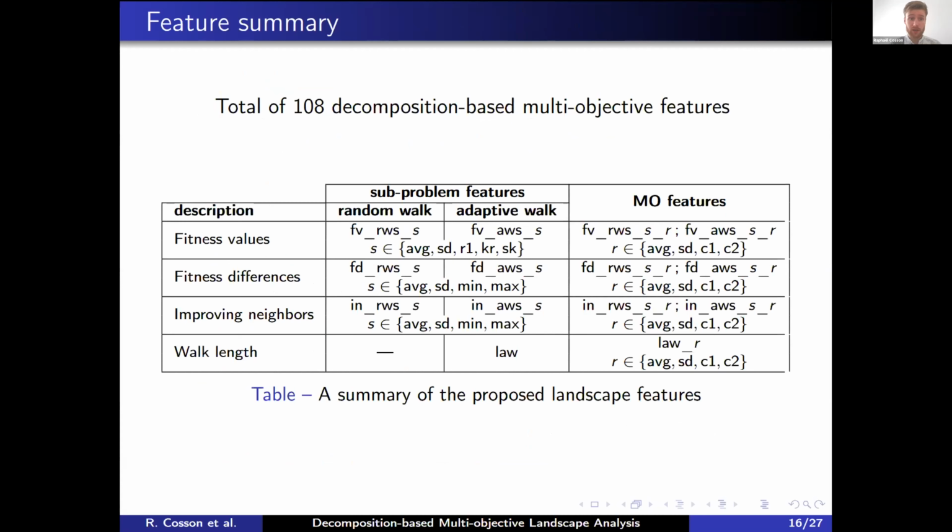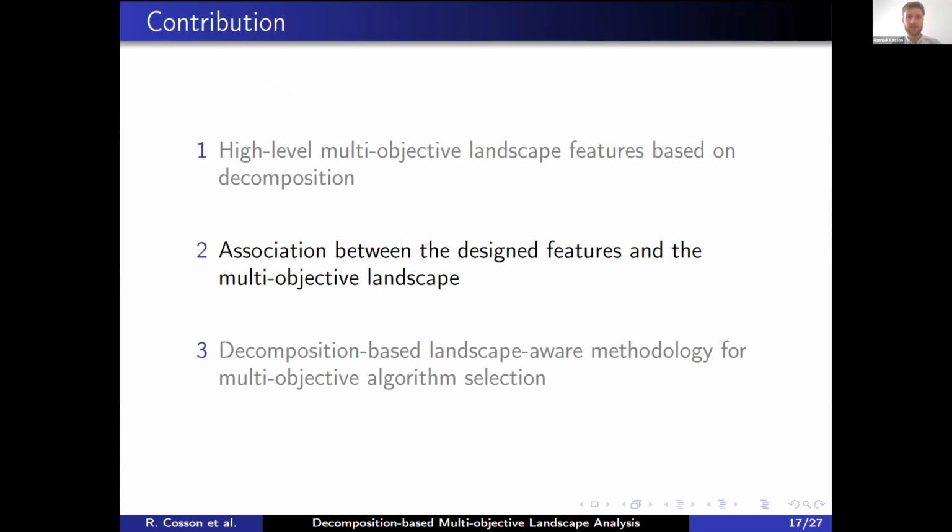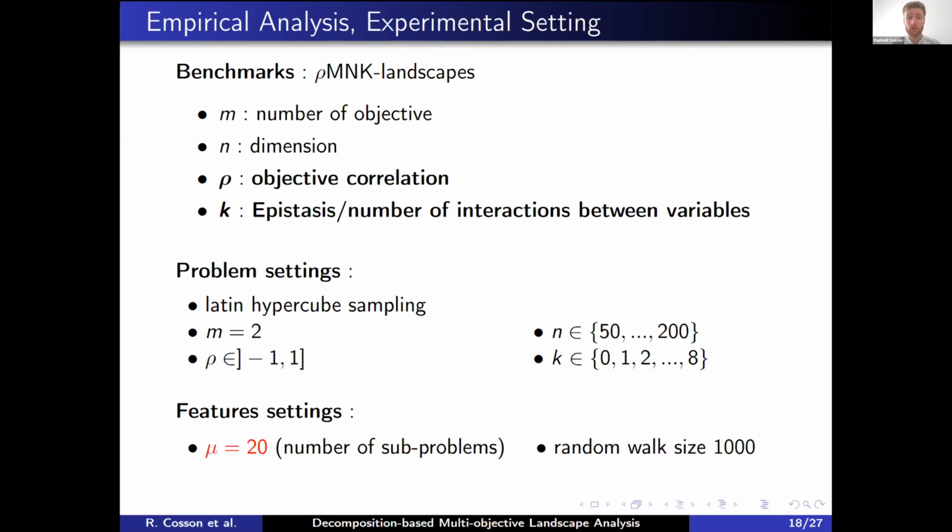In the second part, we are interested in studying these multi-objective features on a benchmark landscape. So we are interested in the rMNK-landscape, which is a tunable multi-objective optimization problem in which we can fix 4 parameters: the number of objectives, the dimension, but more importantly, the correlation between the objectives, ρ, and the number of interactions between variables, k.